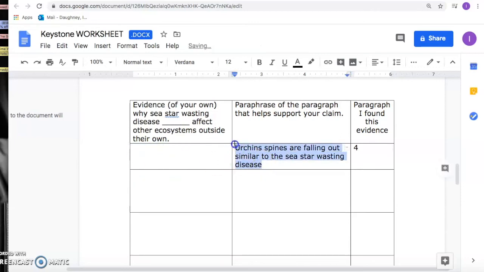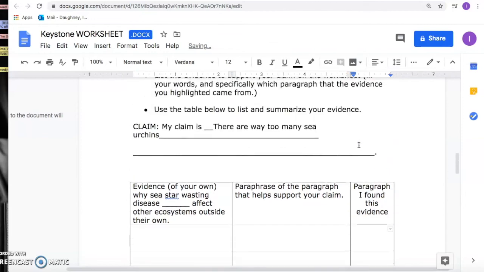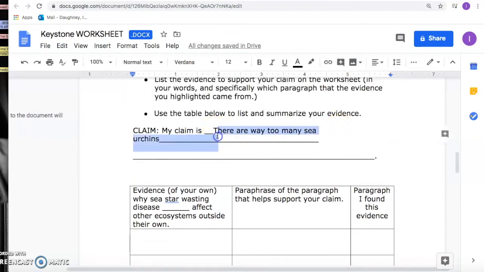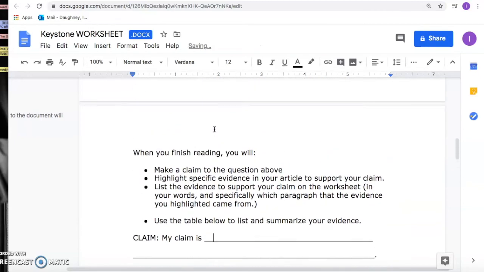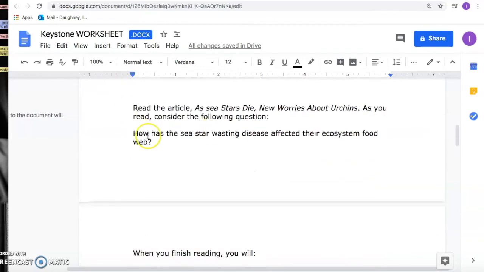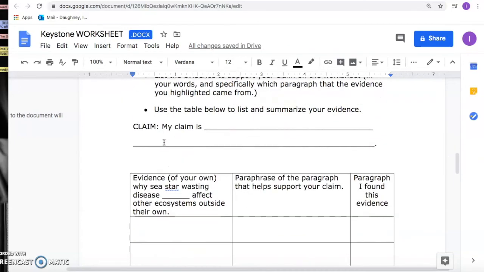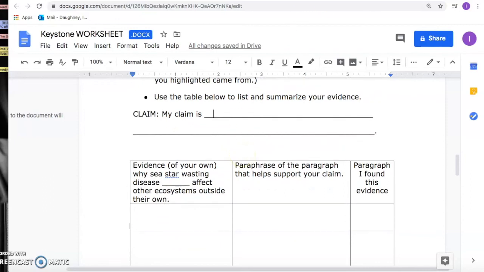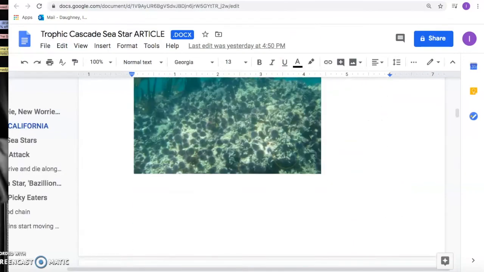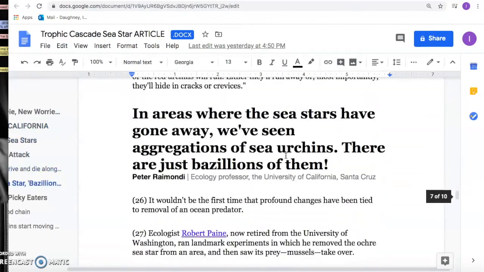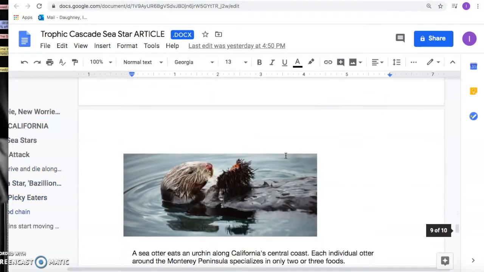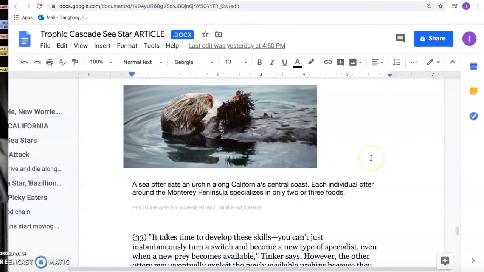So here's another claim as another example, another claim that you might want to make, okay? So again, our question is, how has the sea star wasting disease affected their ecosystem food web, right? So if I'm reading through this article, my claim might be about, let's see, otters, okay?